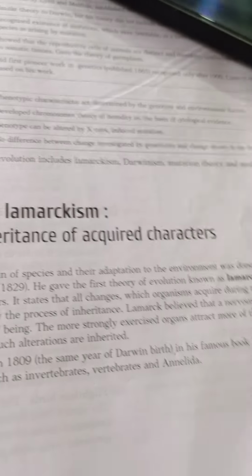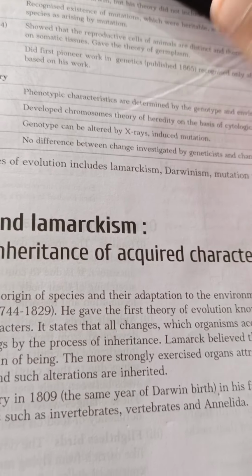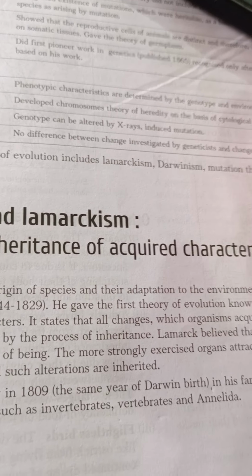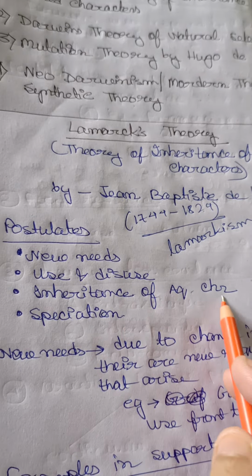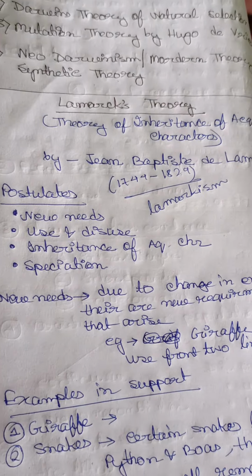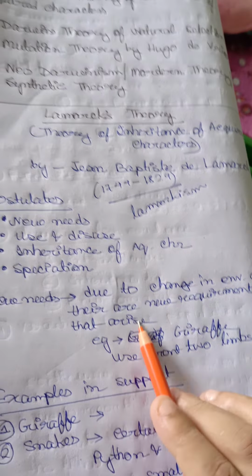So first we will learn what the postulates of Lamarckism are, meaning on what basis Lamarck gave his theory. First we will see new needs, use and disuse, inheritance of acquired characters, then speciation. New needs means that due to a change in the environmental condition, new requirements arise.